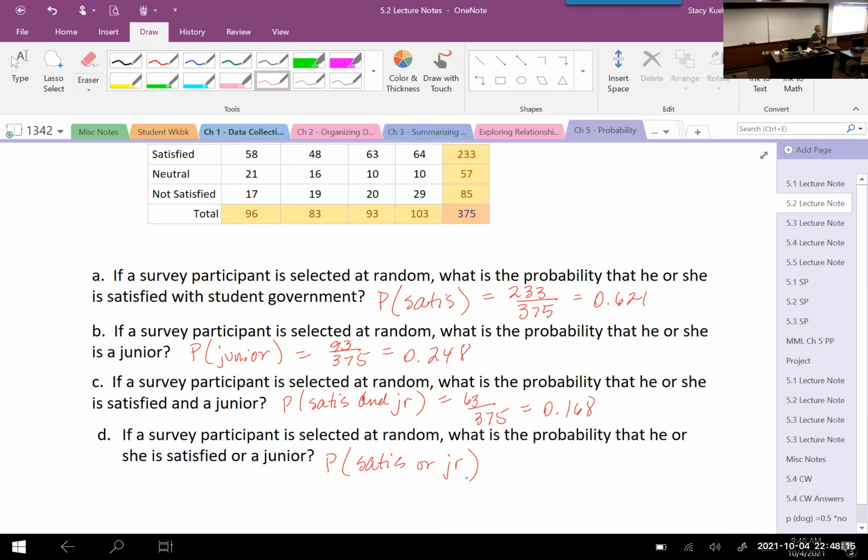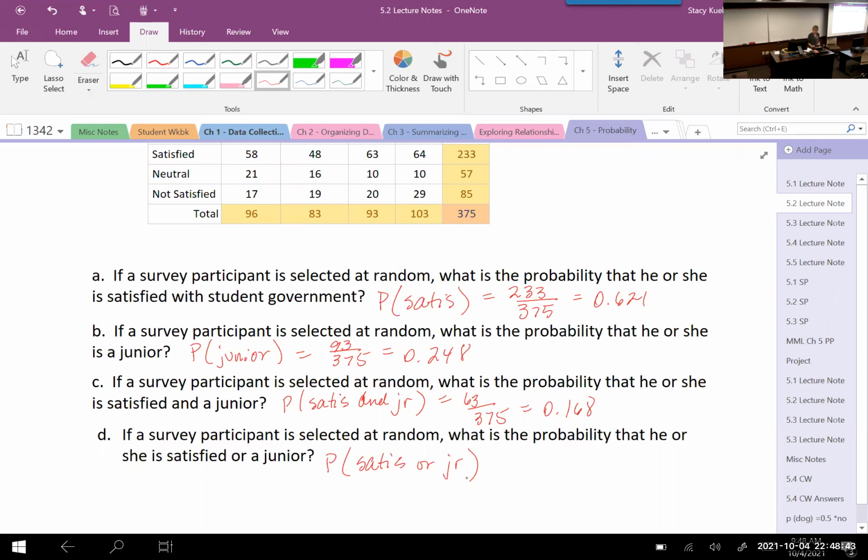So because we're looking for satisfied or a junior, what operation will I be doing? Will I add? We talked about that last time. Anytime we say I'm gonna do this or that, that's implying that we're adding our probabilities. That's our addition rule. Did anybody practice that over the weekend?